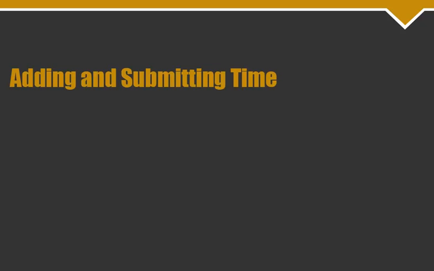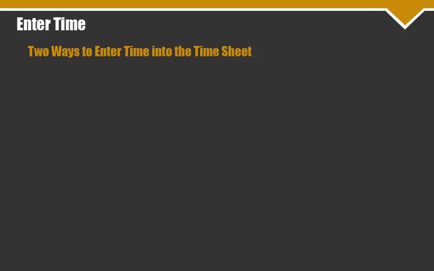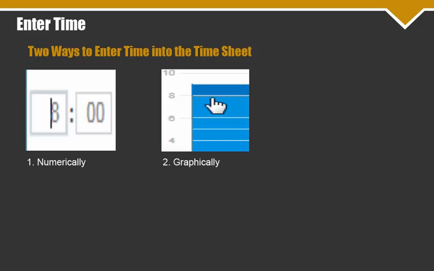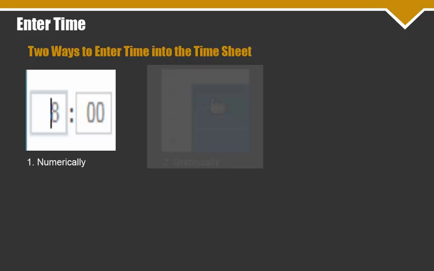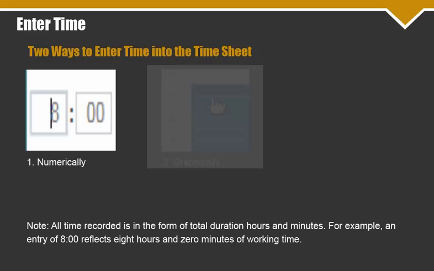Adding and submitting time. There are 2 ways to enter time into your timesheet: numerically and graphically. We will explore the numerical entry first. Note, all time recorded is in the form of total duration hours and minutes.